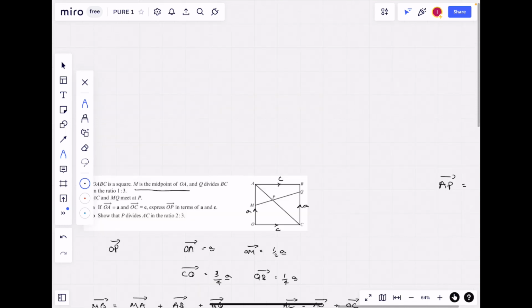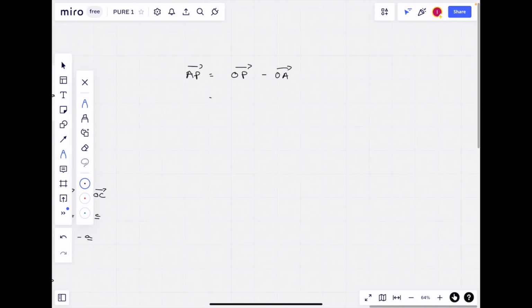So, 3/5 A plus 2/5 C minus A, which gives you 2 over 5 times (C minus A). That's what it simplifies to. Now PC is 3 over 5 times (C minus A).